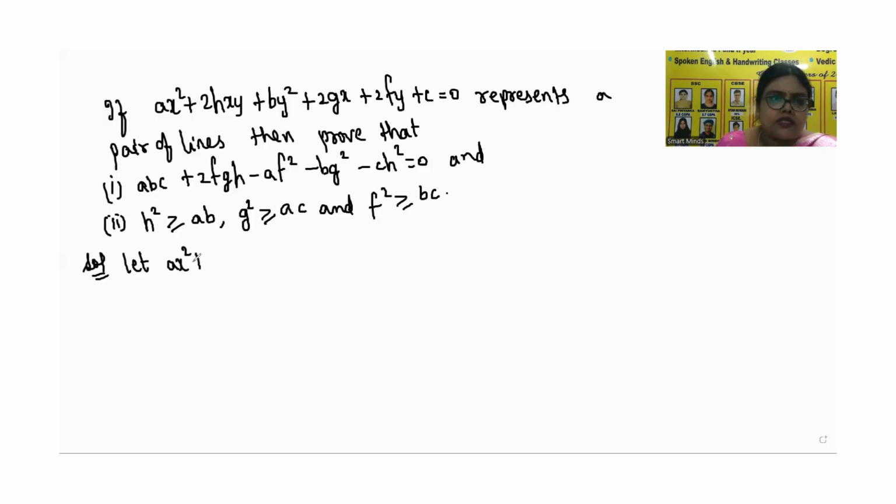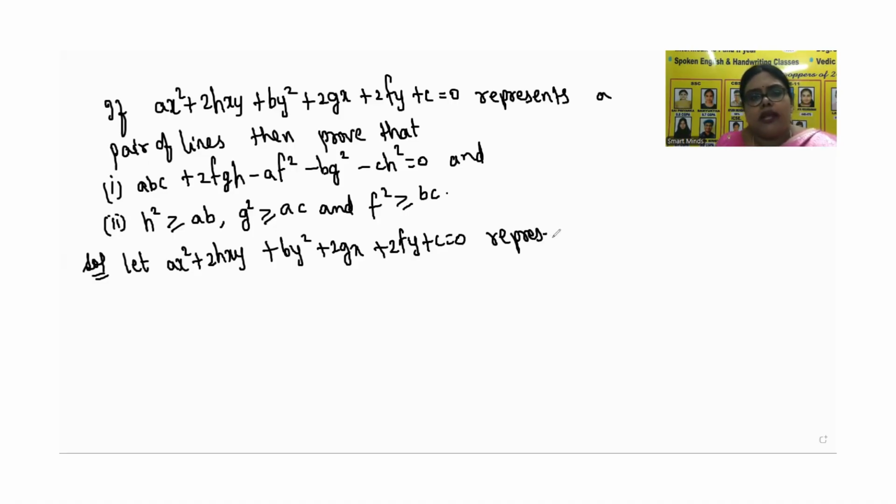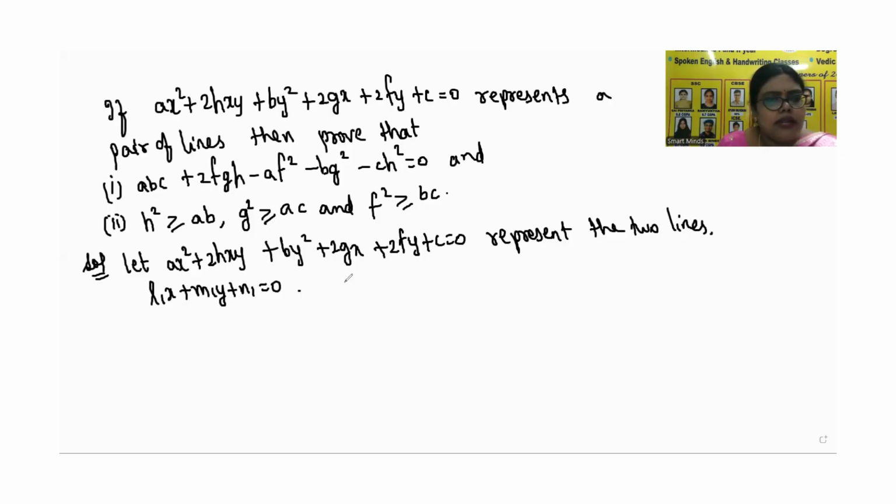So let ax square plus 2hxy plus by square plus 2gx plus 2fy plus c is equal to 0 represent the two lines. So the lines we will take as L1x plus M1y plus N1 is equal to 0, let's say this is equation number 1, and L2x plus M2y plus N2 is equal to 0, equation number 2.